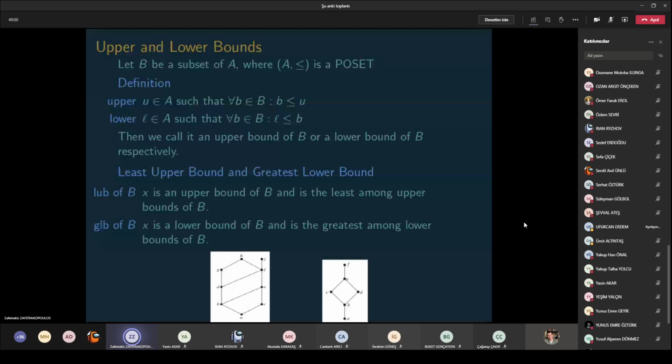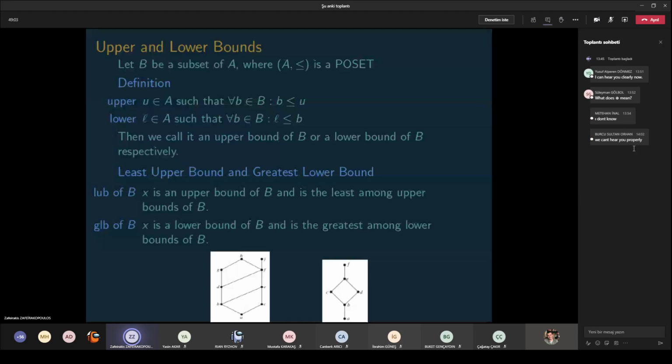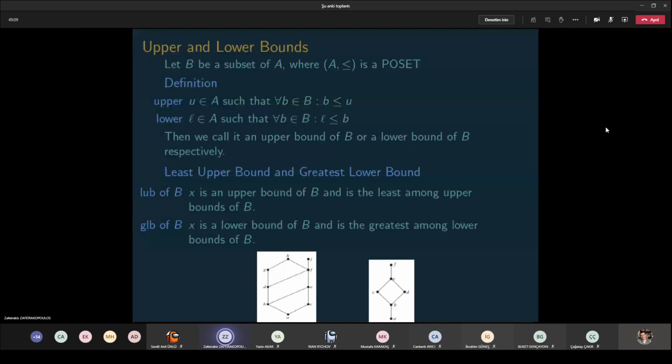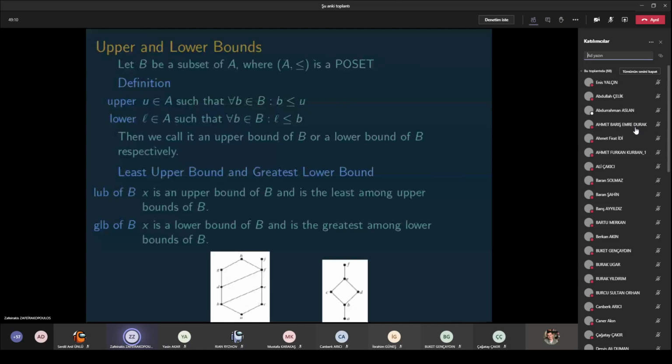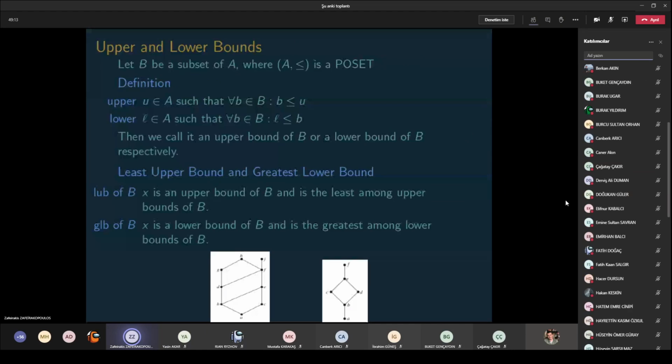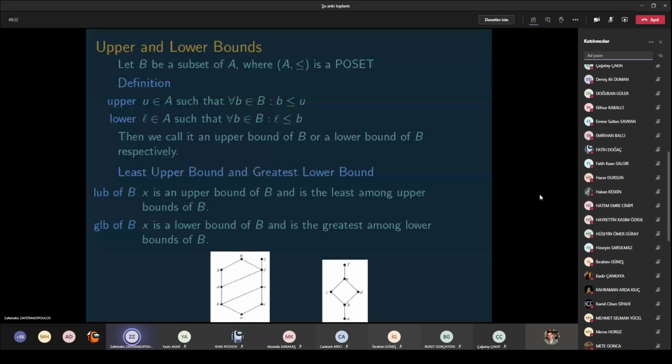Burcu. Emirhan. Fatih. Hayrettin Kasim. Muhammad Iqbal.